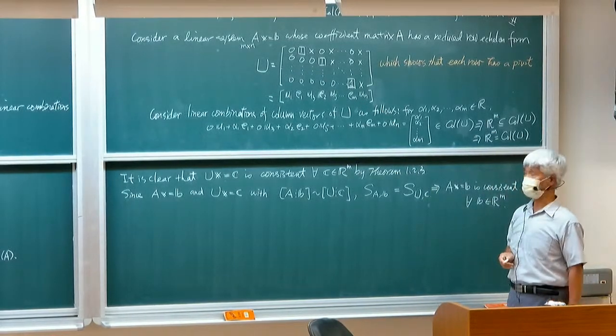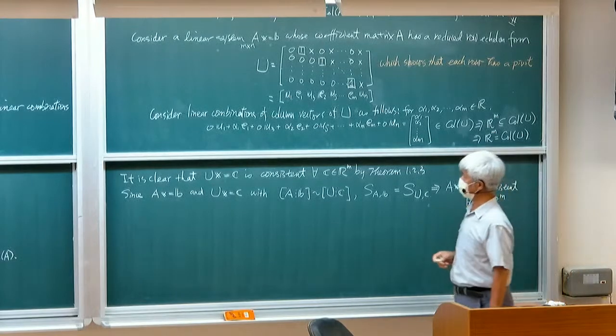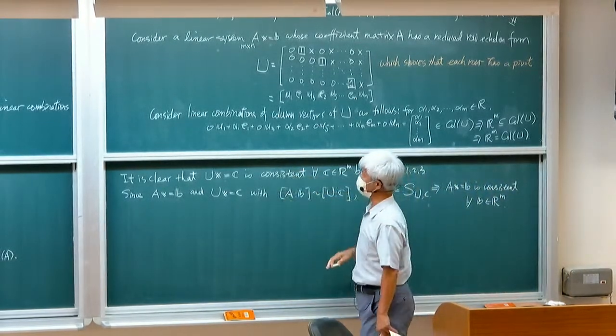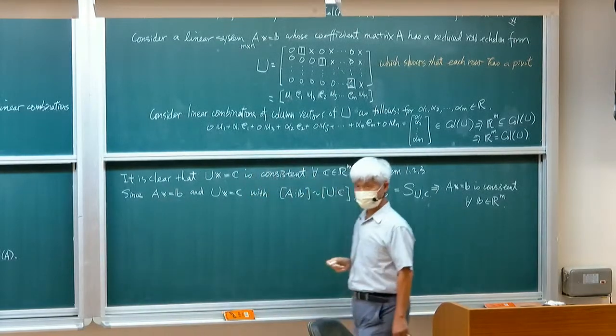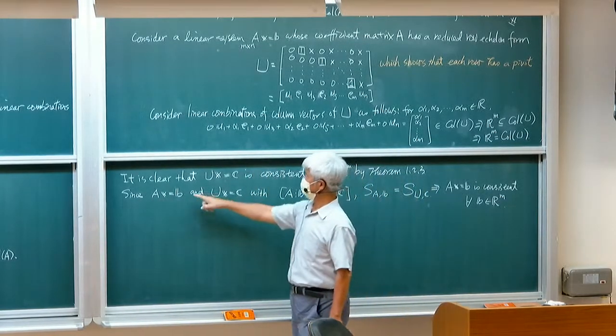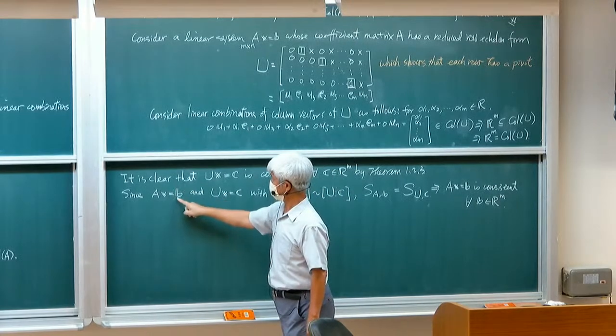If it is the case, then by this discussion, we say that the original linear system is consistent for arbitrary right-hand vector B.